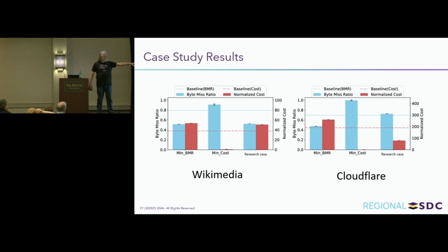And you can see in the Cloudflare case, with the research case, we almost had the exact same byte miss ratio that they did, but we came in way lower in cost. We were about half the baseline, the red dashed line for baseline cost. So we were able to show a handful of different things.